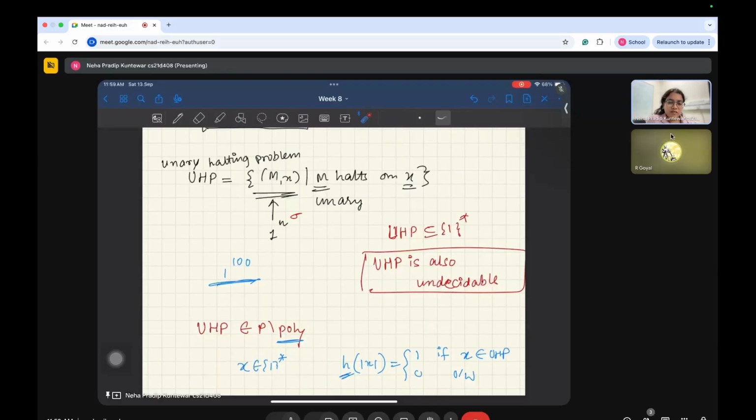The problem is undecidable. UHP is undecidable. So no Turing machine exists. So what you are not convinced of is how this one bit of advice is really making it decidable?